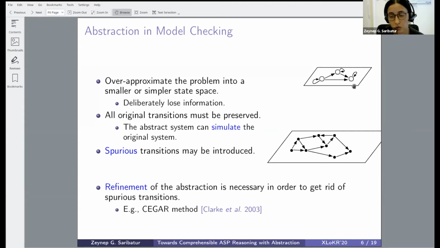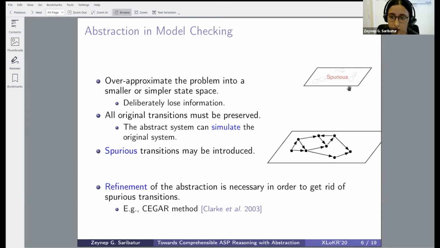You start with a highly coarse abstract system. Then you want to check whether a certain property holds for all paths. And you get a counterexample where it does not hold. Now you need to check whether this counterexample indeed occurs in the original transition system. If not, then it is spurious.